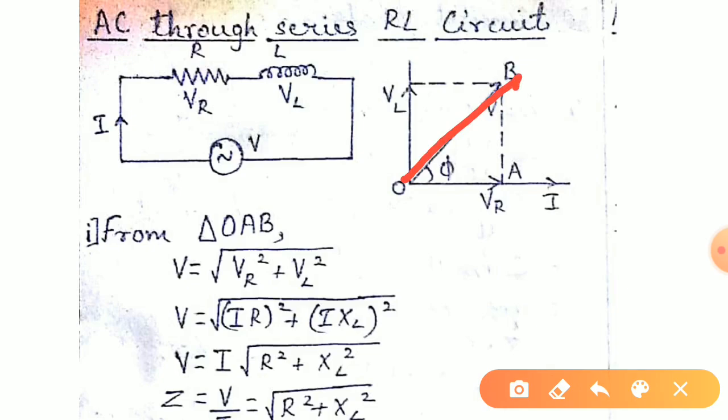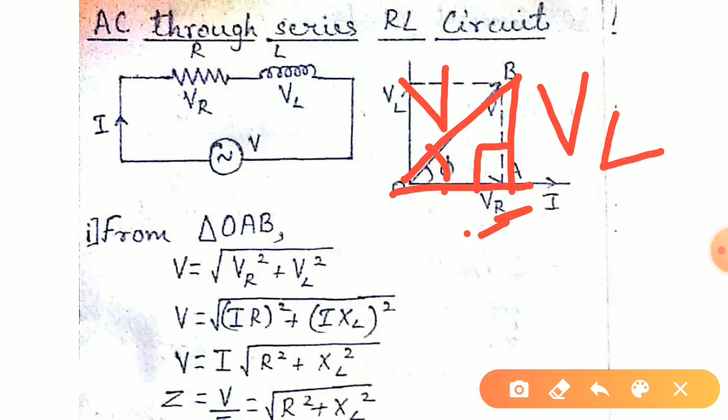Let us take this right angled triangle. When we talk about this right angled triangle, we have an angle phi and an angle of 90 degrees. If we apply the hypotenuse theorem, that is, hypotenuse square is equal to base square plus height square, we have hypotenuse V here, so V square is equal to VR square plus VL square.